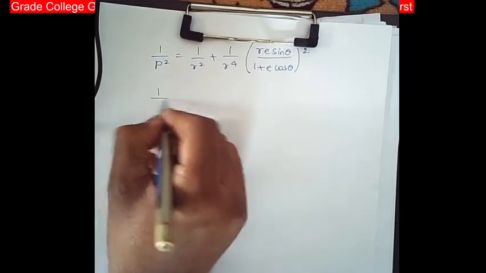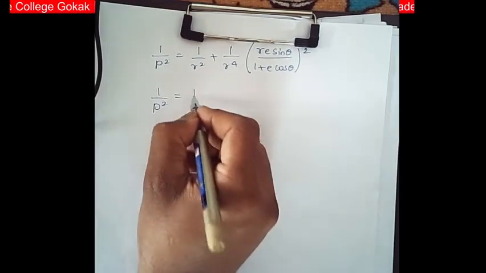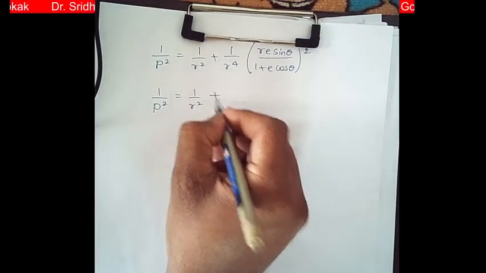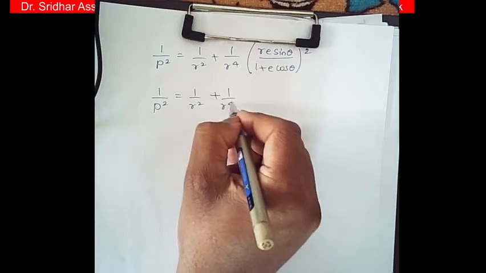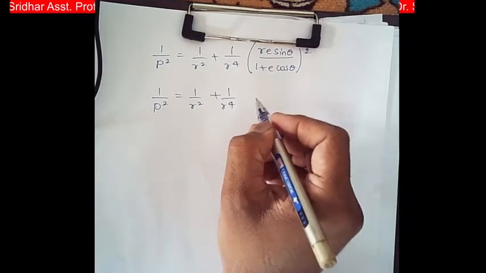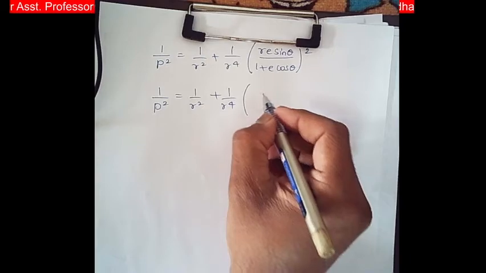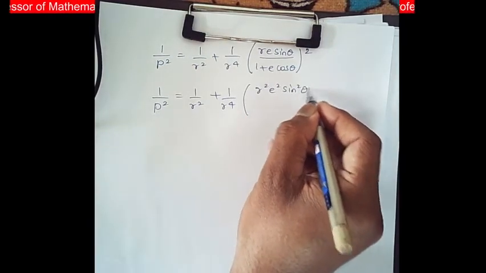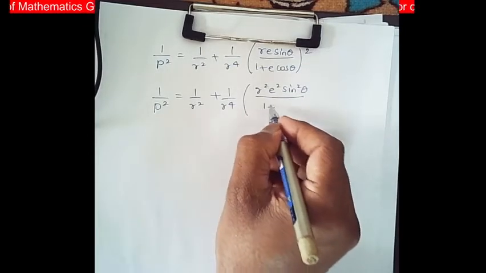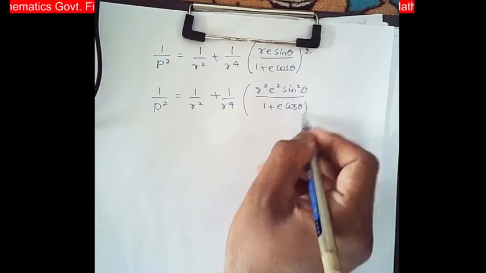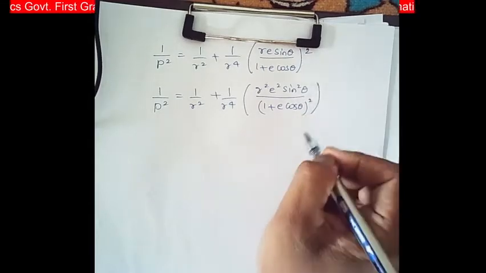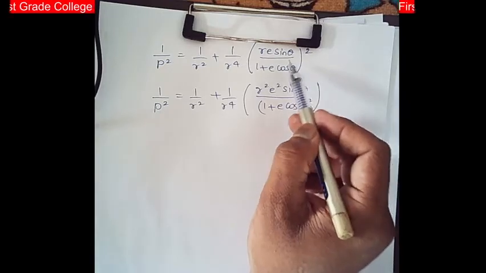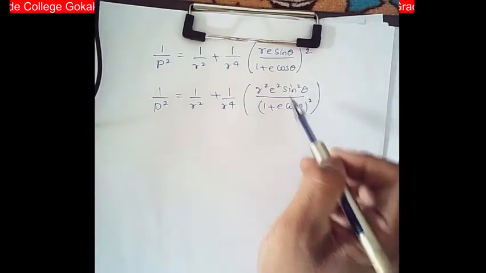So 1 by p square is equal to 1 by r square plus 1 by r raised to 4, into bracket, r square e square sin square theta divided by 1 plus e cos theta whole square. Just a by b whole square is a square by b square.